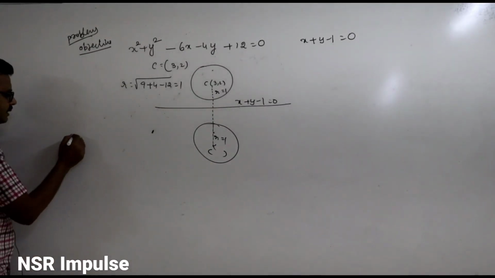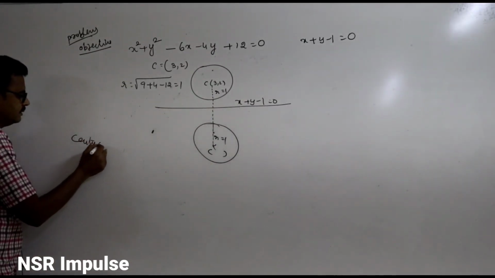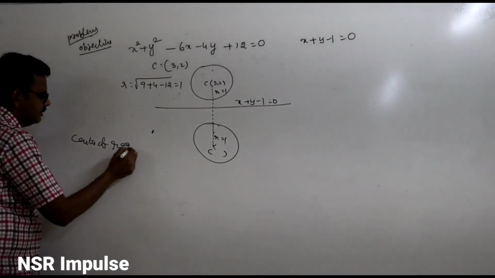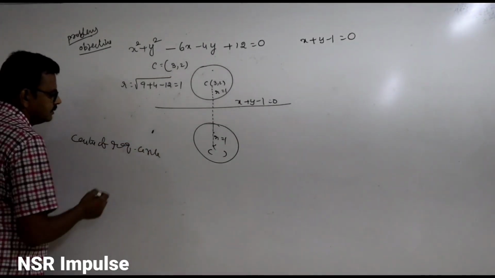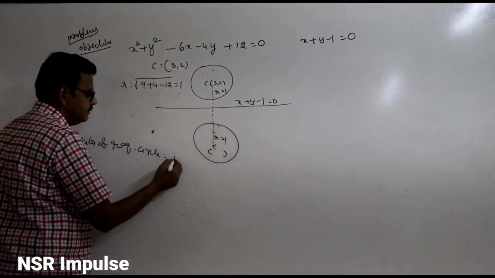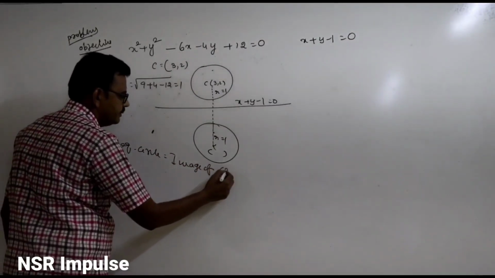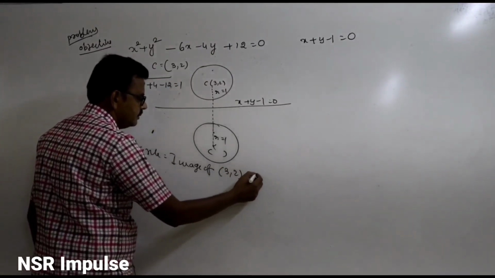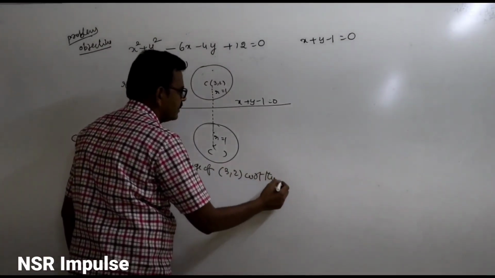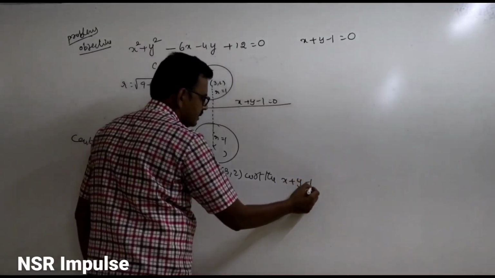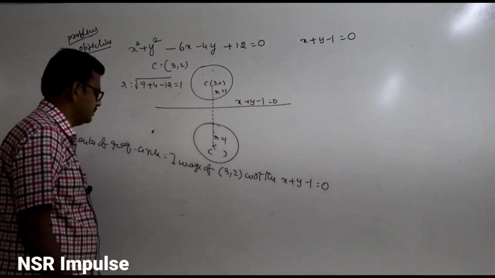Now center of required circle is equal to image of the point 3 comma 2 with respect to the line x plus y minus 1 equal to 0.